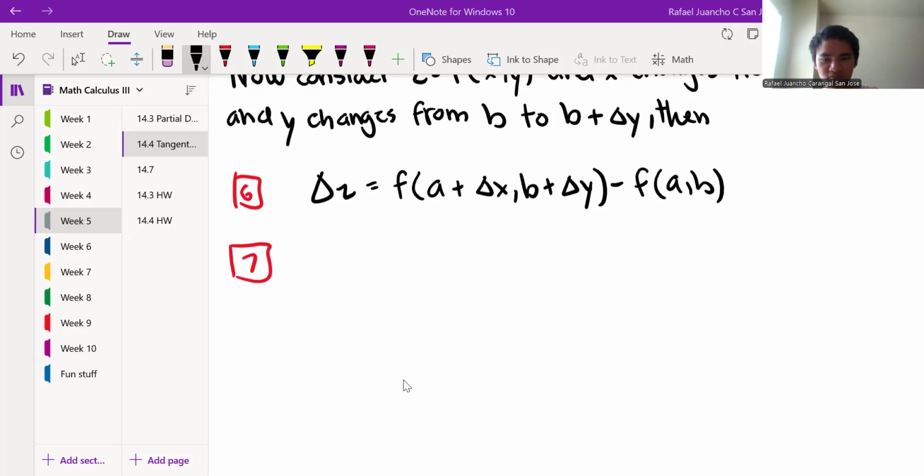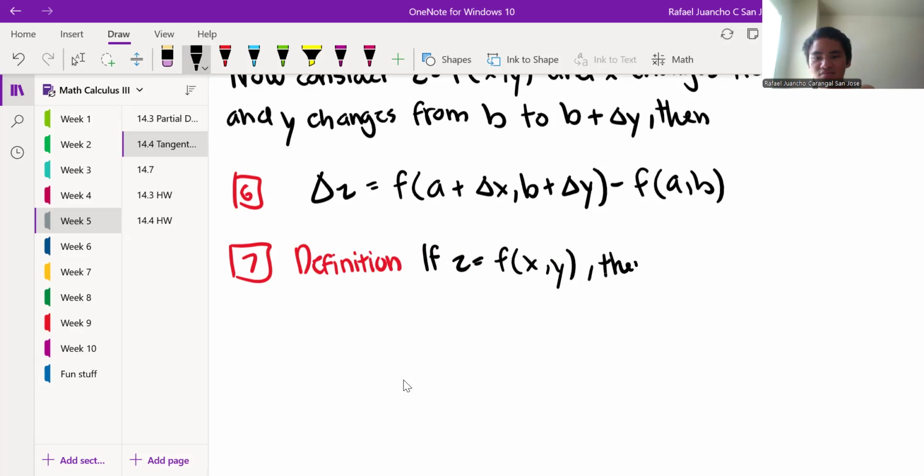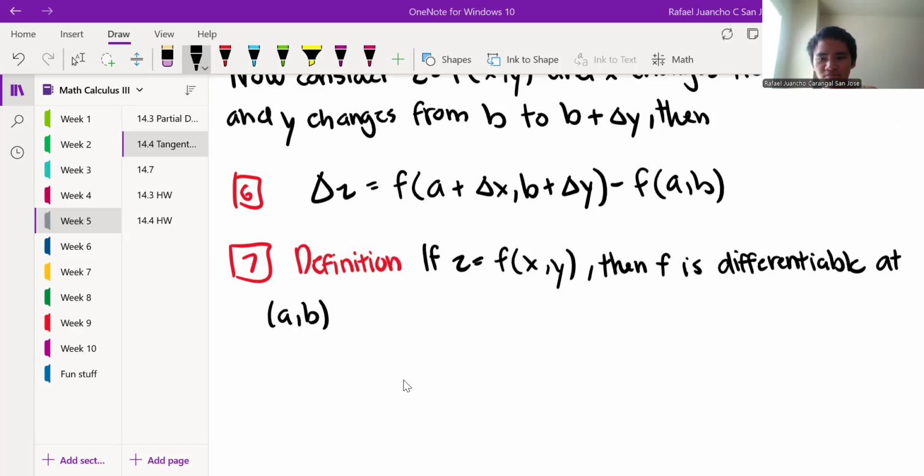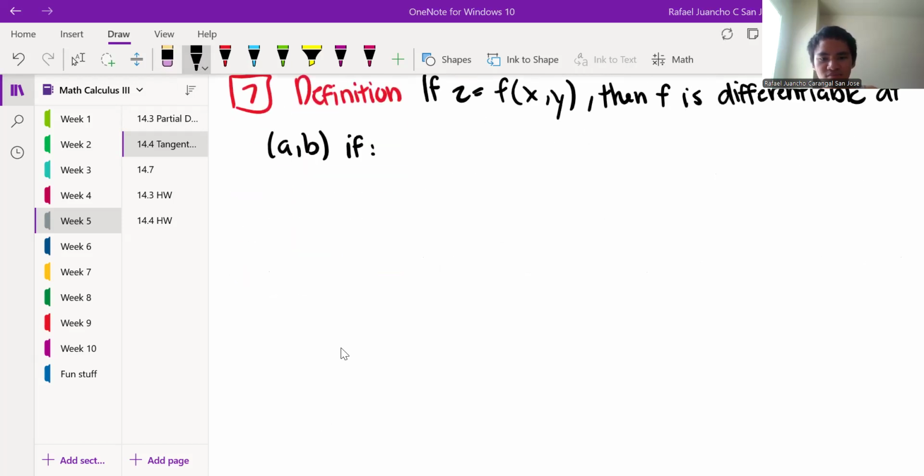To determine if it's differentiable, we're going to say if my z is a function of x, y, then my f is indeed differentiable at (a, b) if, let me just write it out, if we can express z in this form.